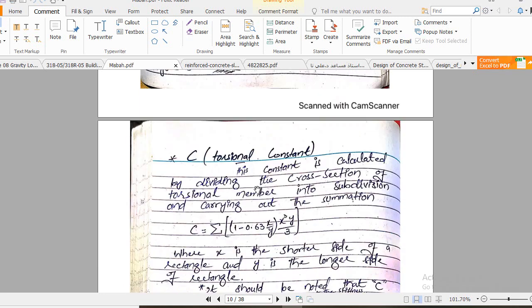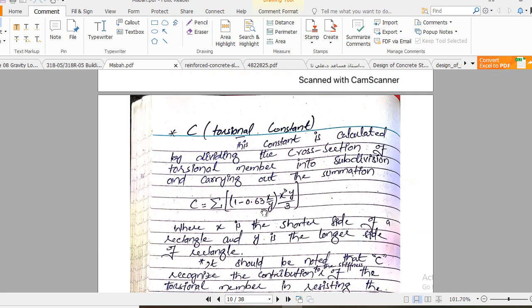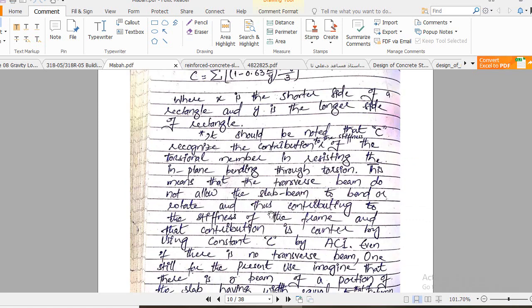It is a constant which basically accounts for this effect. This constant is calculated by dividing the cross section of the torsional member into subdivisions, and you will see the calculation of C, but this time you must remember C is calculated by this equation where X is the smaller shorter side and Y is the larger side. Clear?